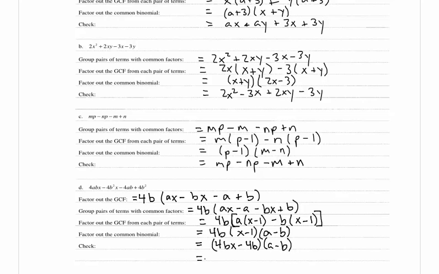And now I'm going to have 4bx times a is 4abx minus 4b squared x minus 4ab plus 4b squared. And we got back to our original polynomial that we started with. And that's the video on factor by grouping.